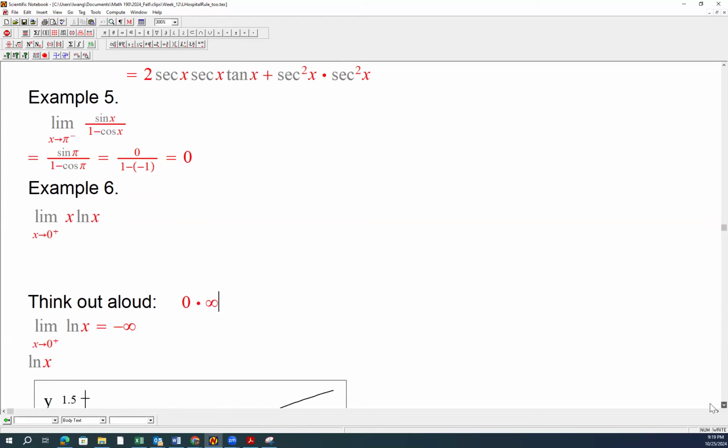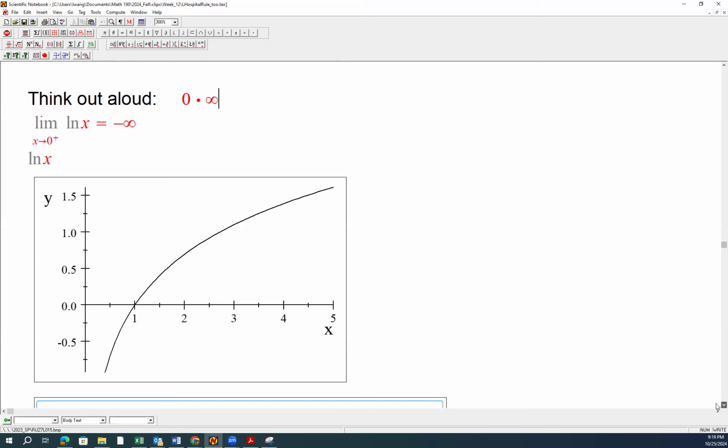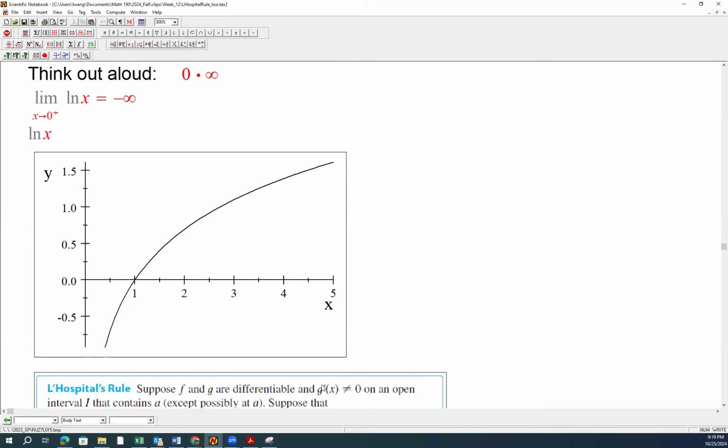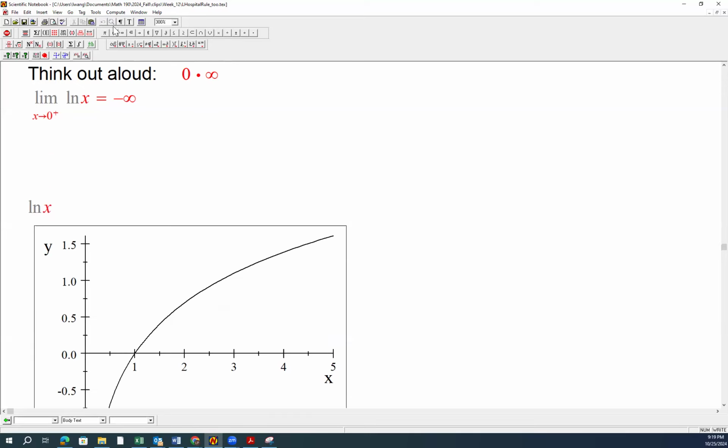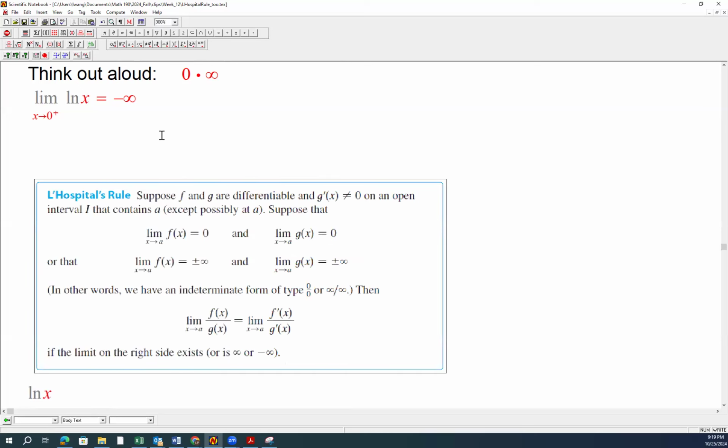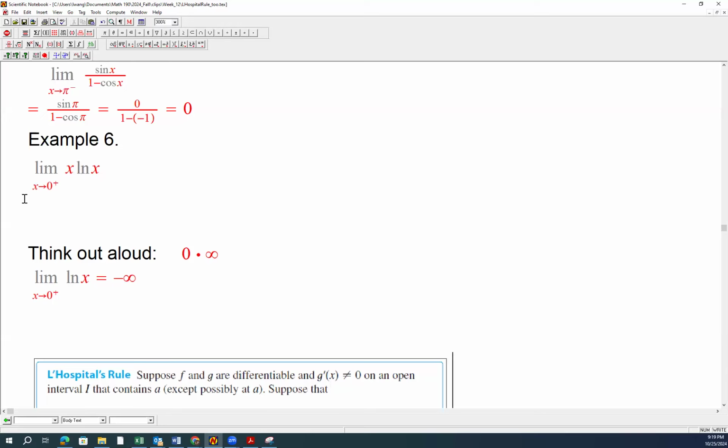Well, is 0 multiplied by infinity 0? We have seen plenty of situations where it's not necessarily true, right? But what do we do in this case? Well, number one, we cannot use L'Hopital rule.